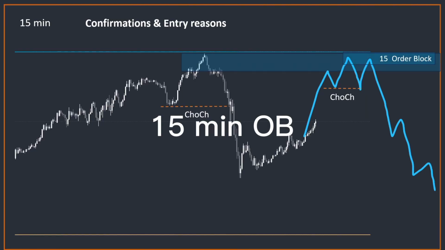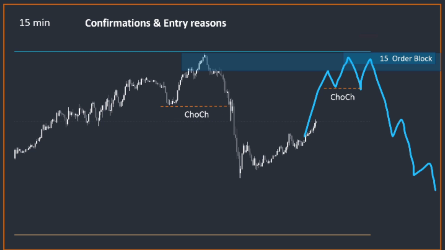If we could find a 5 minutes order block, then we know that when the market goes back to tap into our 15 minutes time frame, we're then going to be expecting the sellers to step in. All right. So this is the kind of confirmation that we're waiting for. So we're going to wait for a confirmation like this and then enter the market confidently, because this is the entry reason. This is our reason to enter the market, and therefore we're going to be selling the market, guys.